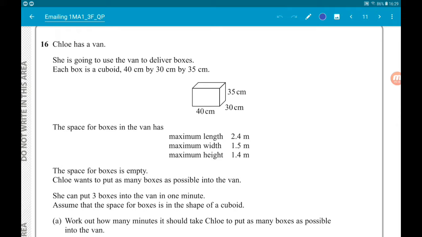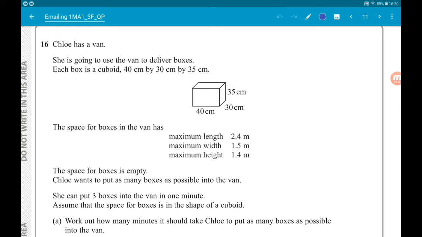We are told the space for boxes in the van has a maximum length of 2.4 metres, maximum width 1.5 metres, maximum height 1.4 metres. The space for boxes is empty. Chloe wants to put as many boxes as possible into the van.